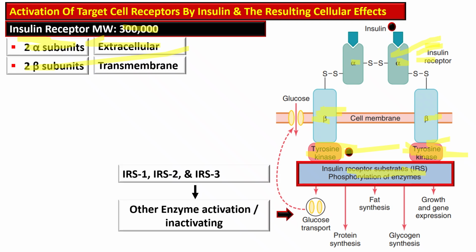Different tissues express different types of IRS, or insulin receptor substrates. This leads to activation and inactivation of multiple enzymes.